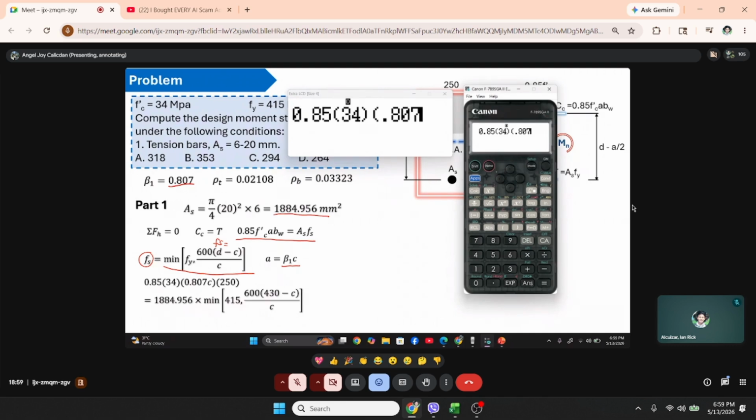Ilet na to ang c kay X. So, alpha X close. Then, open na sa 250.